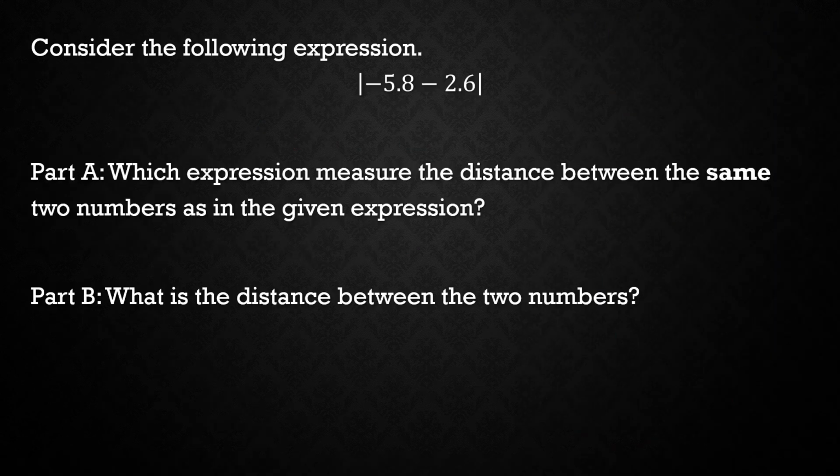Alright, the next part wants to know which expression measures the distance between the same two numbers as the given expression. Here it's looking for you to swap the order of your numbers. Remember that when you are finding the distance between 2 points, you have the absolute value of A minus B. A here is our first number, which is negative 5.8.